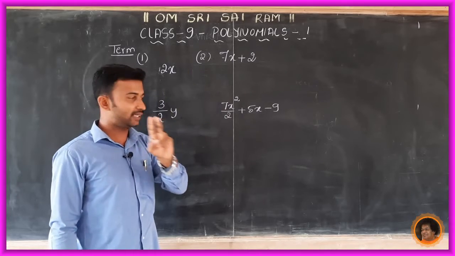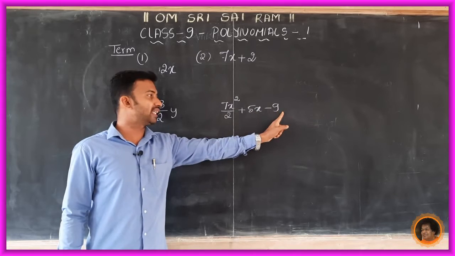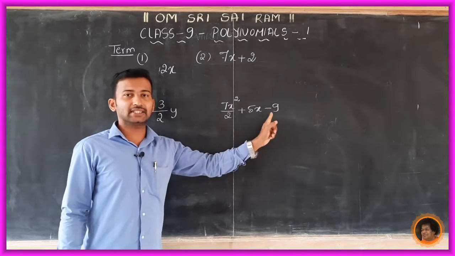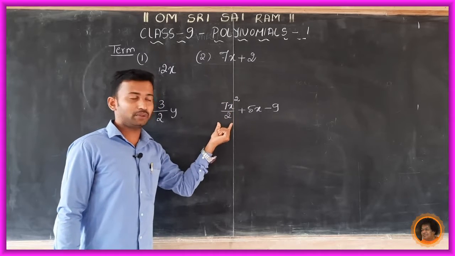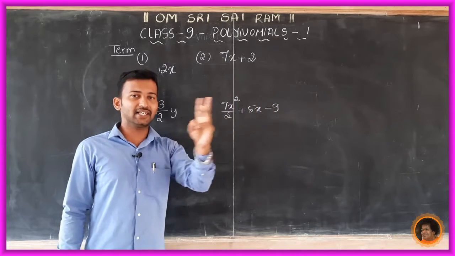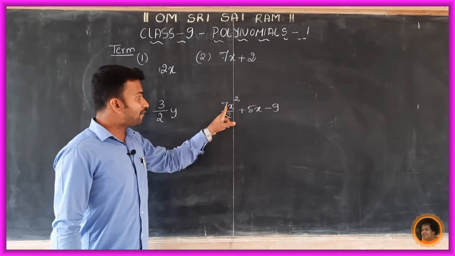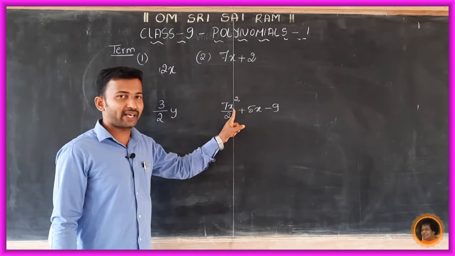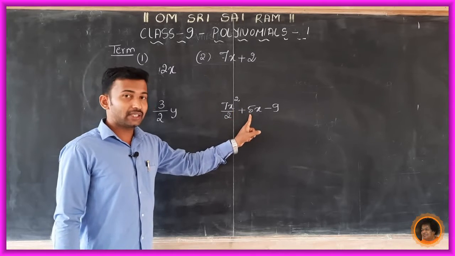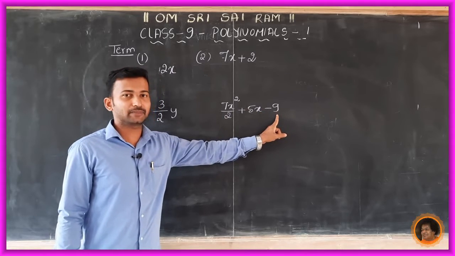Next, 7x square by 2 plus 5x minus 9. In this, there are three terms: 7x square by 2, 5x and 9. 7/2 is the coefficient of x square, 5 is the coefficient of x, and 9 is the constant.